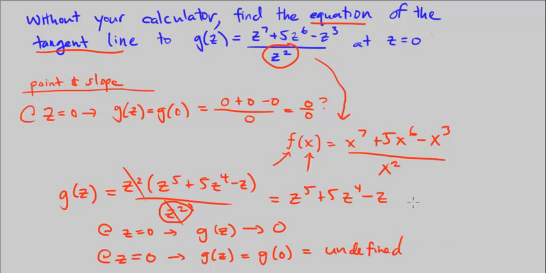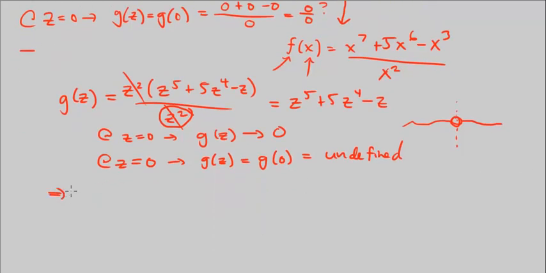So we're going to have a discontinuous point at z equals 0, right? That makes it so we don't have a point. So no point for our line.